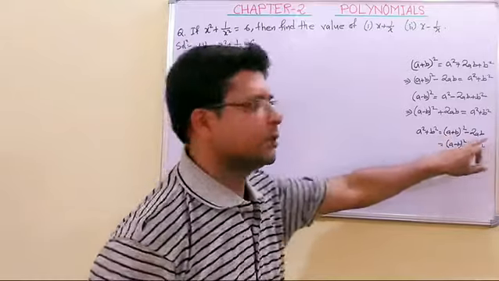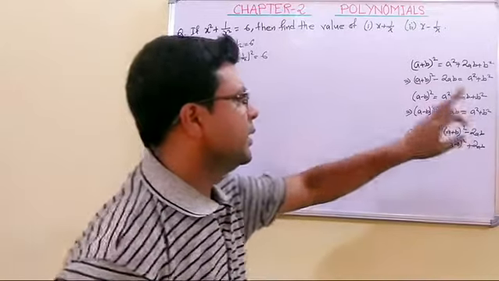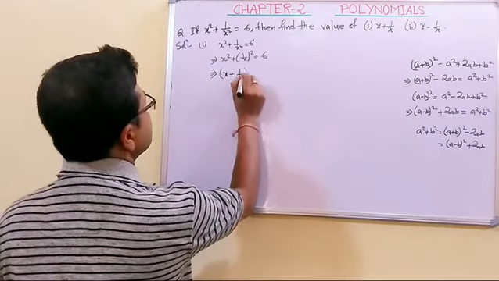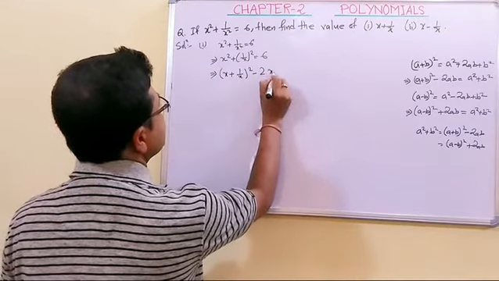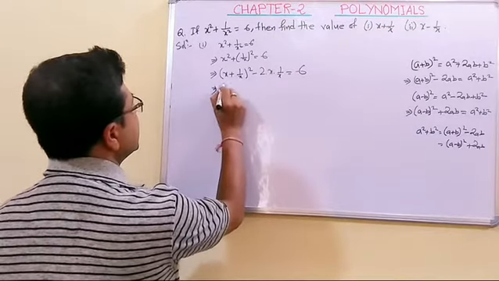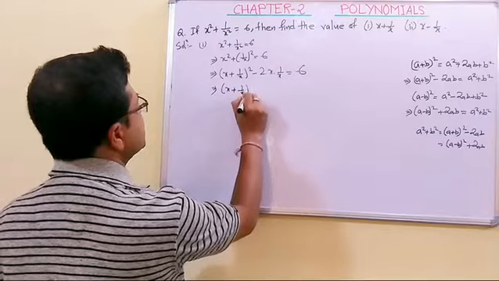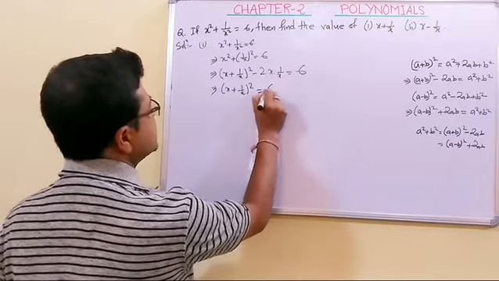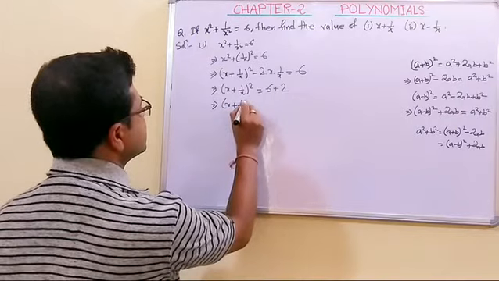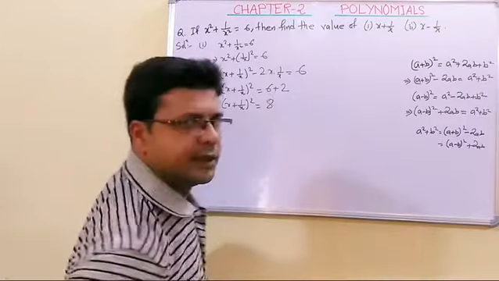So we have to use the first formula, a square plus b square equal to a plus b whole square minus twice ab. So this is a plus b whole square minus twice ab is equal to 6. This is x plus 1 by x whole square. x will get cancelled, so this is 6 plus 2. So x plus 1 by x whole square is 8.